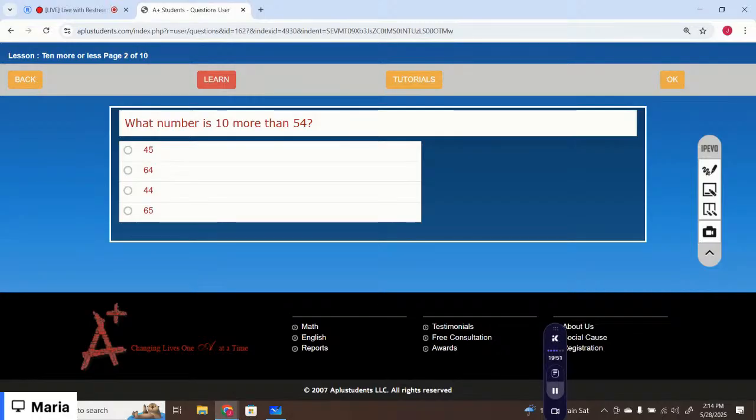That is 64. Option number 2 is the correct option. 10 more than 54 is 64.